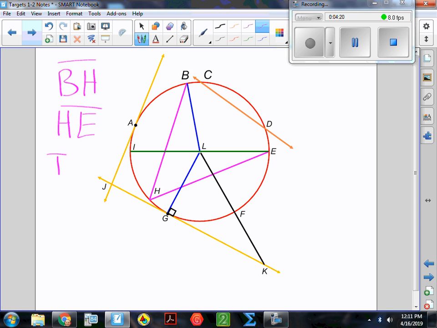The diameter, IE, is considered a chord. The diameter is a chord. If I used CD, but I only looked at the segment, I wrote down CD with a segment bar and not the line symbol, then that would be a chord. Those are all examples of chords.